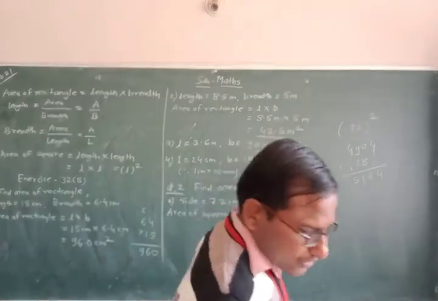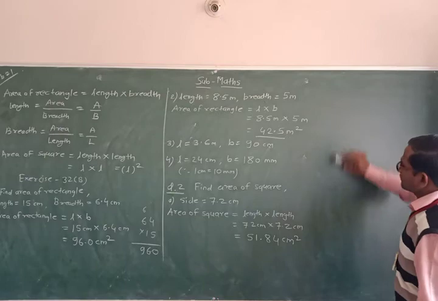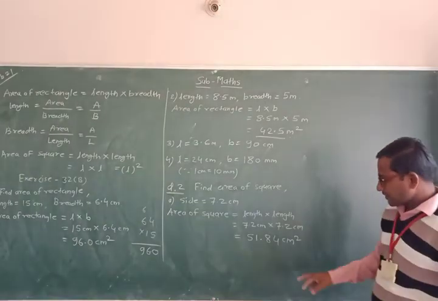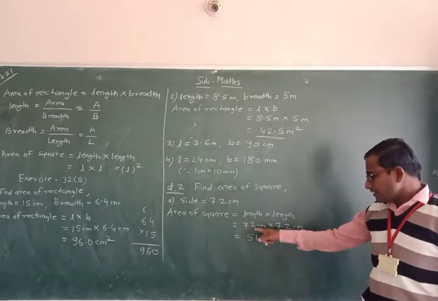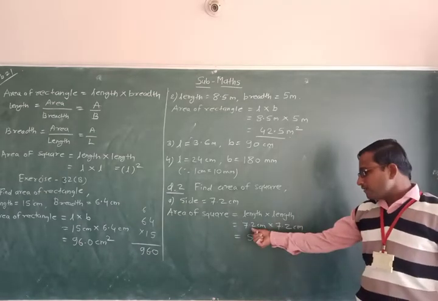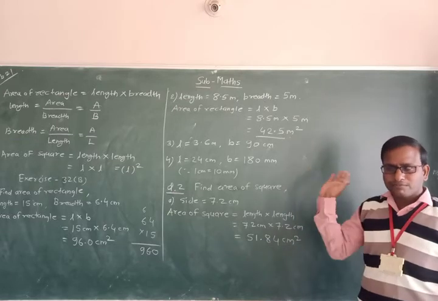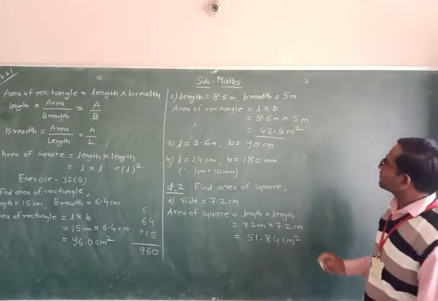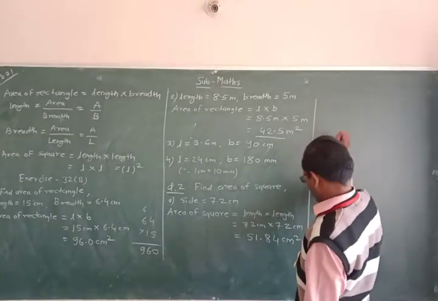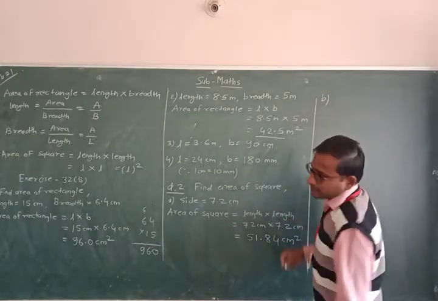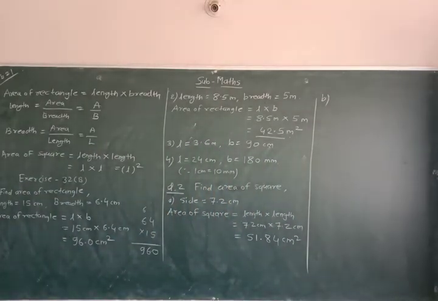Or you can simply do the multiplication. Why do we take the decimal point after 2 digits? Here 1 digit and here also 1 digit. Total digits are 2. So give the decimal point after 2 digits. Second, 4.5 meter.